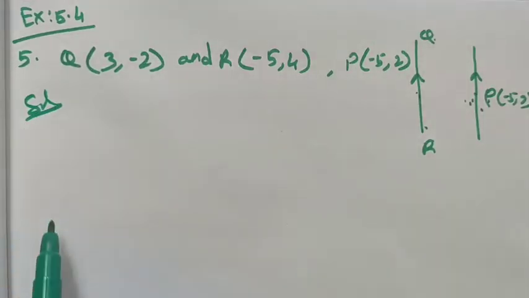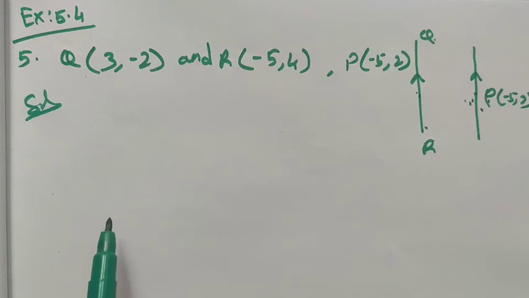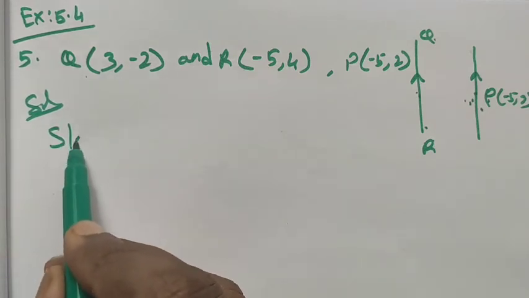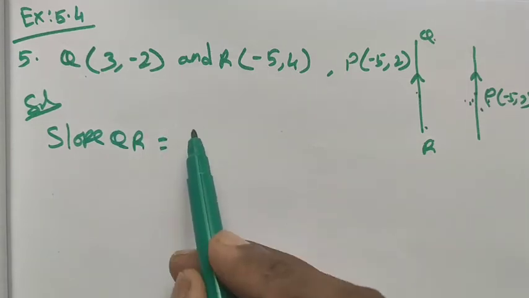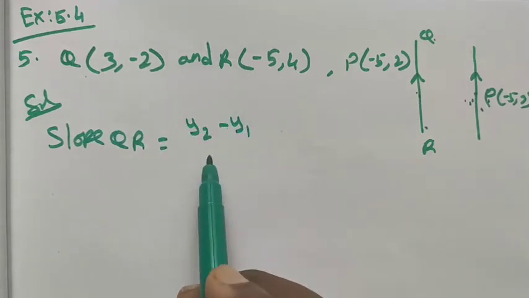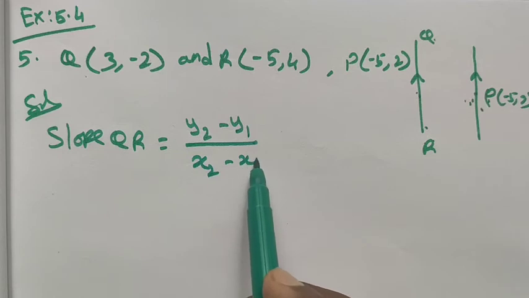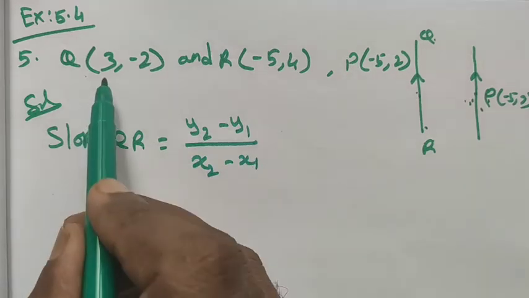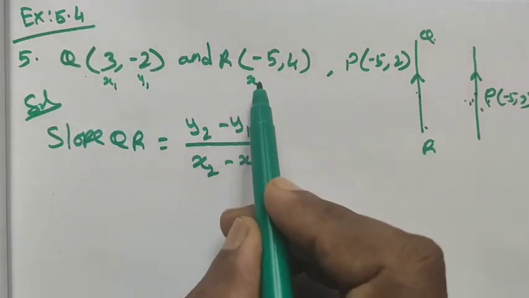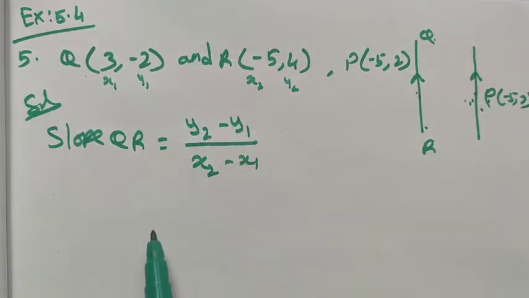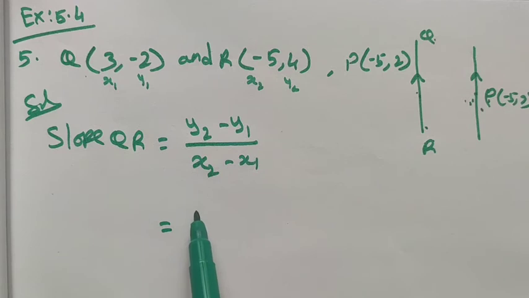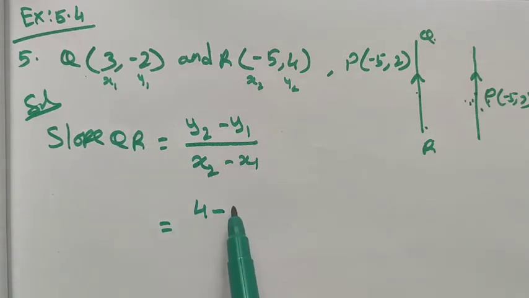By the solution, first I take the points Q and R to find the slope QR. We know that when two points are given, we have the formula (y2 minus y1) divided by (x2 minus x1). The first point has x1, y1, the second point has x2, y2. The slope of QR: y2 is here 4, minus y1 which is minus 2.